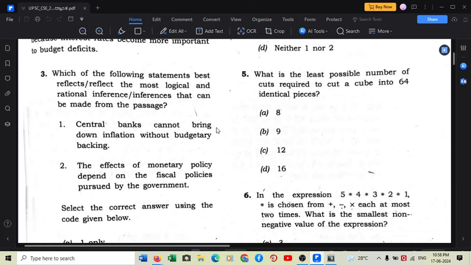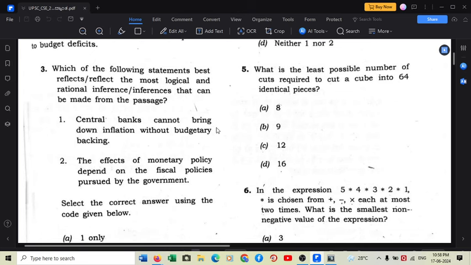If they reduce interest rates, loans will be encouraged, there will be more money supply in the market, and definitely inflation can be controlled. Inflation brought down means the costs of buying goods and services will be lesser. So this statement is wrong. Even without budgetary backup, central banks can bring down inflation. So statement 1 is ruled out, right?